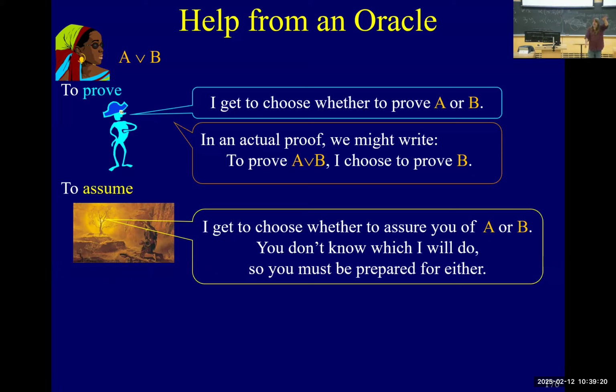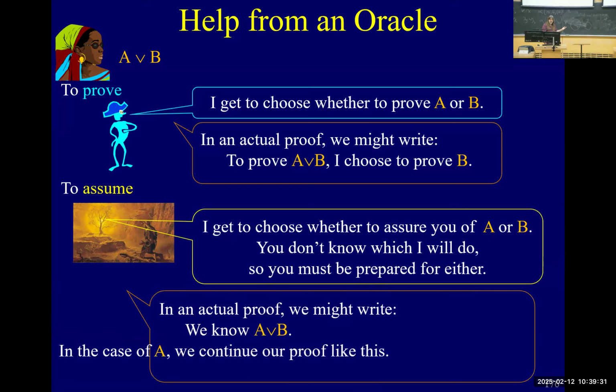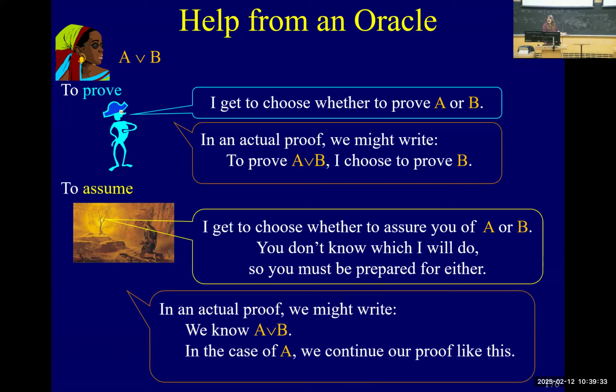Well, one way is proof by cases. If A is true, you go. If B is true, you go. So she's going to assure us of one of them, but we don't know which. So we can say in the case of A, we prove it, and in the case of B, we prove it. Everybody get that?